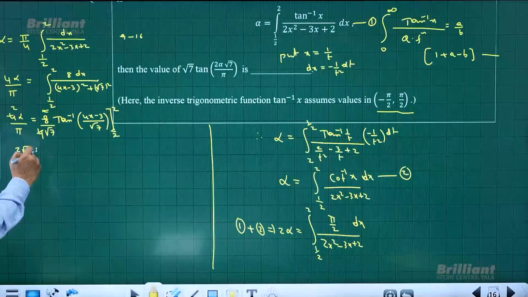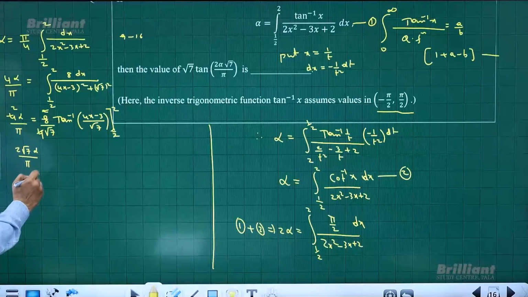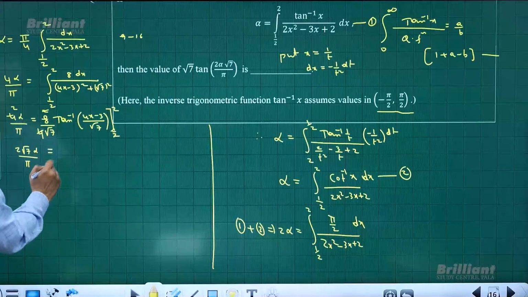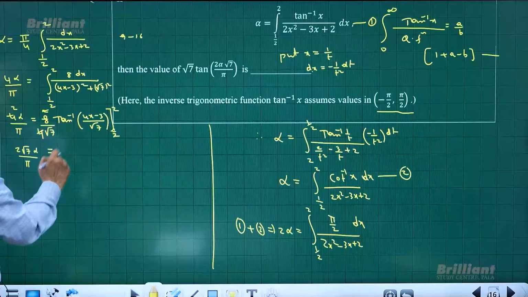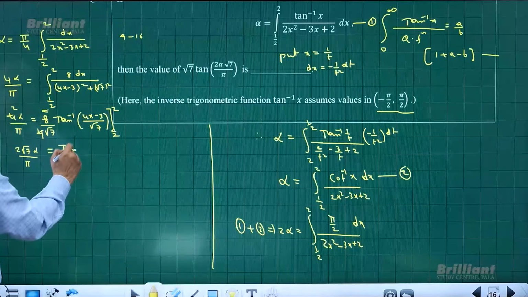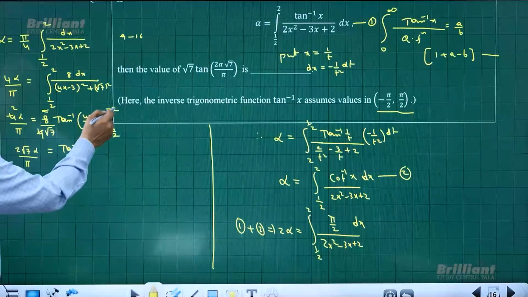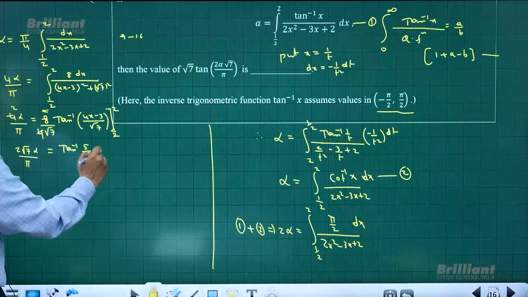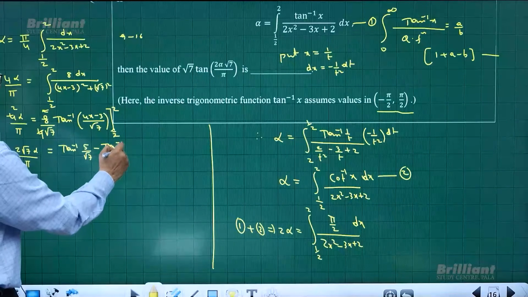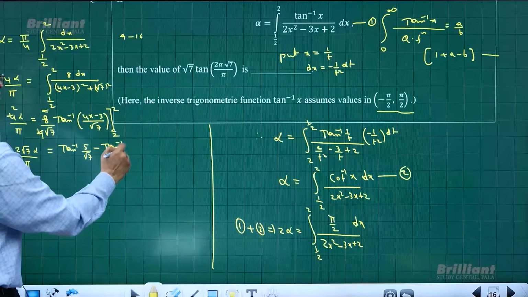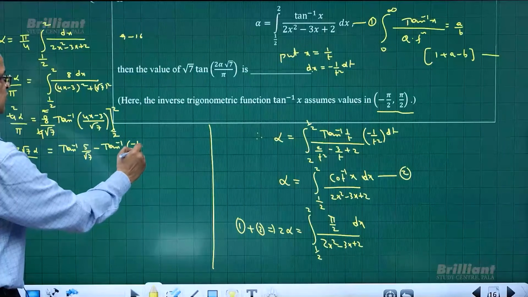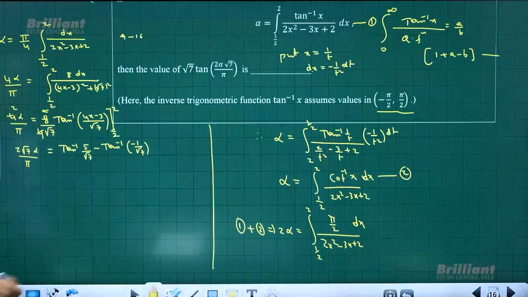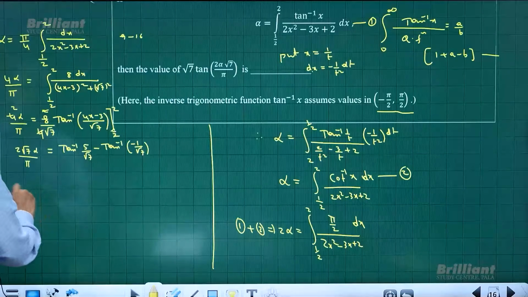Here the 2 times cancels, so 2 root 7 alpha by pi is equal to tan inverse of, at the upper limit, 8 minus 3, 5 by root 7, minus tan inverse at the lower limit, 2 minus 3, minus 1 by root 7. But with principal value, minus 5 makes it plus.